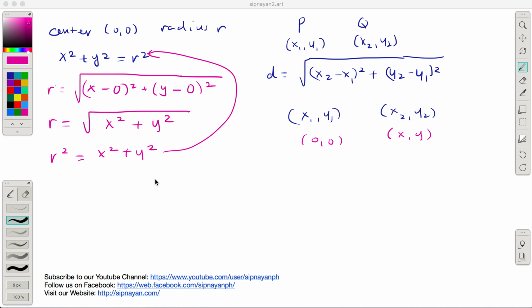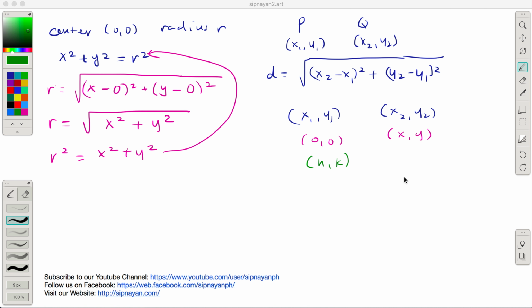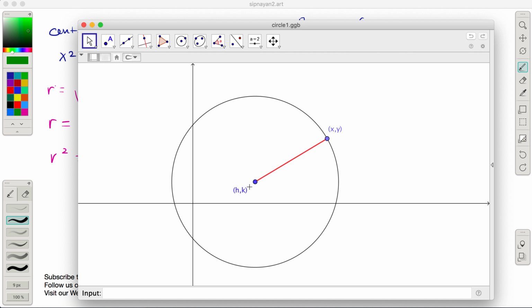So instead of (0, 0), we put (h, k), where h is the x coordinate of the center and k is the y coordinate. The other point is still (x, y), the point on the circle. And the distance is still the radius of the circle.